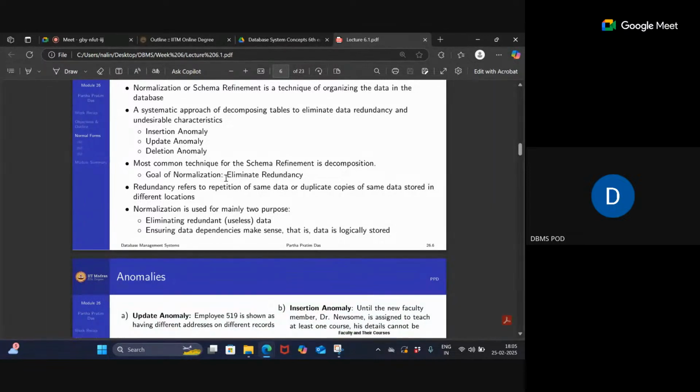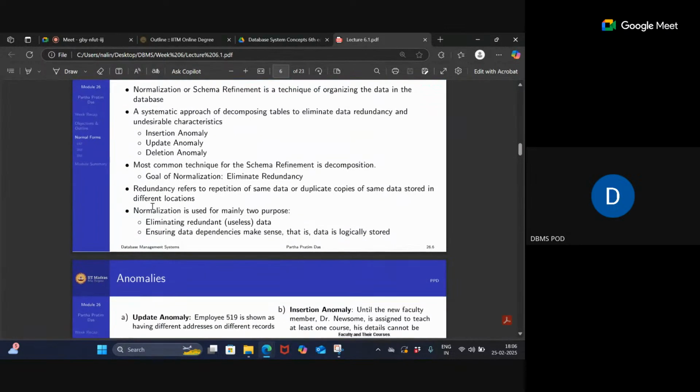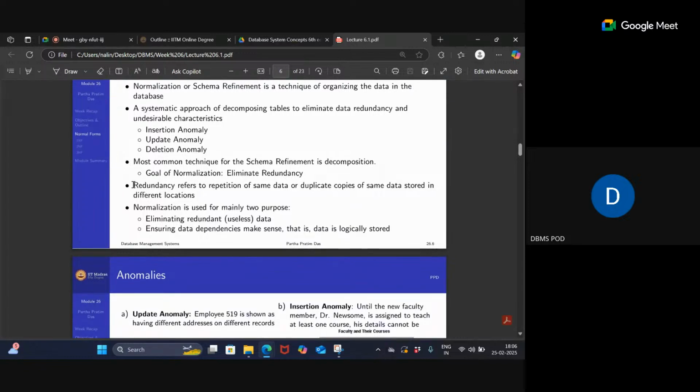The goal of normalization is to eliminate redundancy. What does redundancy mean? Redundancy refers to repetition of the same data or duplicate copies of the same data stored in different locations, like the same data stored in multiple locations.